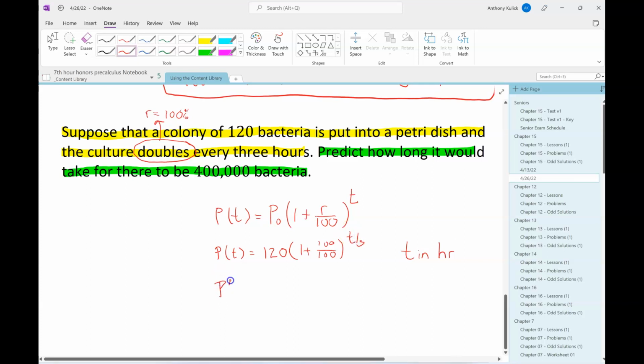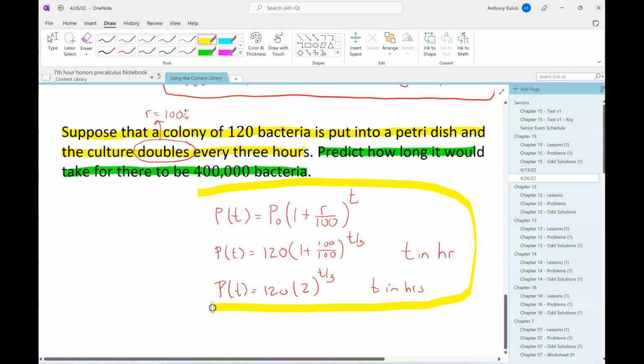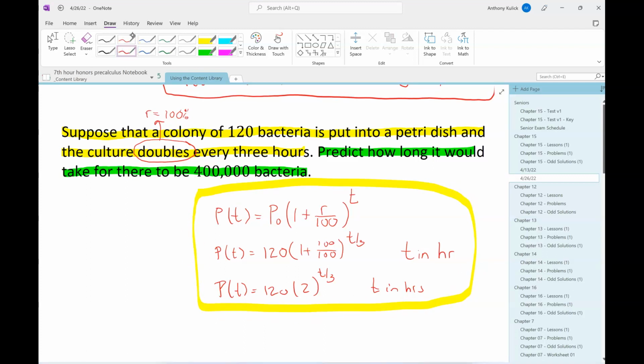And if we simplify that a little further, 1 plus 100 over 100 is 2. Boy, that looks a lot like doubling now, right? So there's our yellow piece.